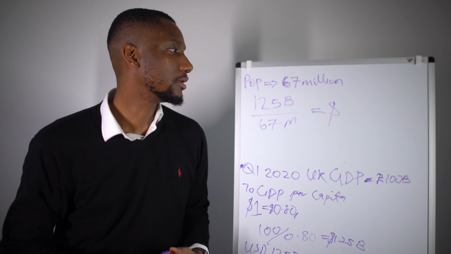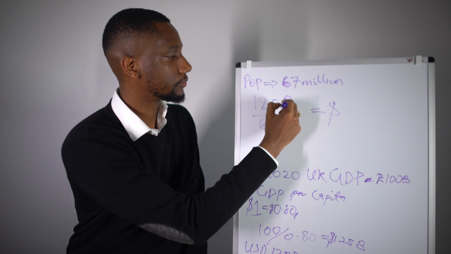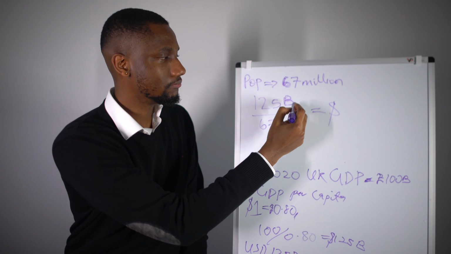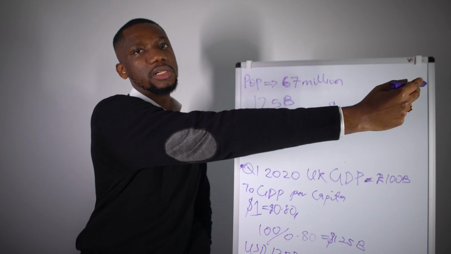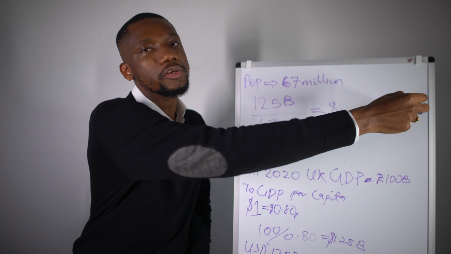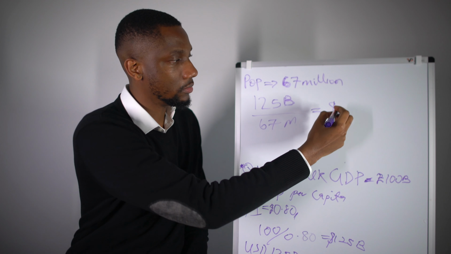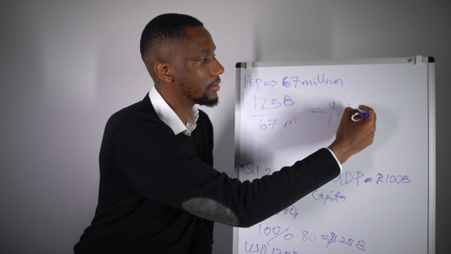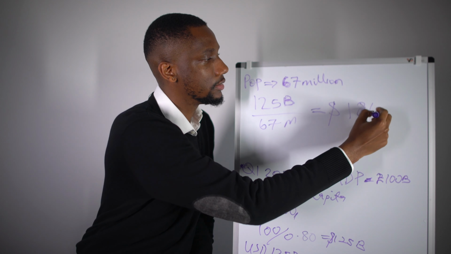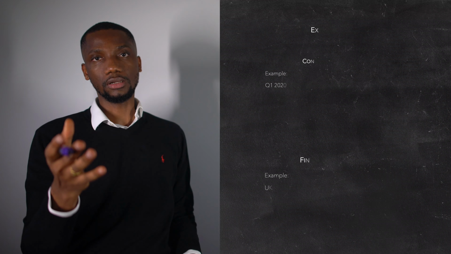Yeah, that's what it's going to be. So if we do this without writing zeros to the end of the board, because if we're going to do it, we have to put zeros in the millions. Without doing that, what this would be is about 1,866, just roughly.